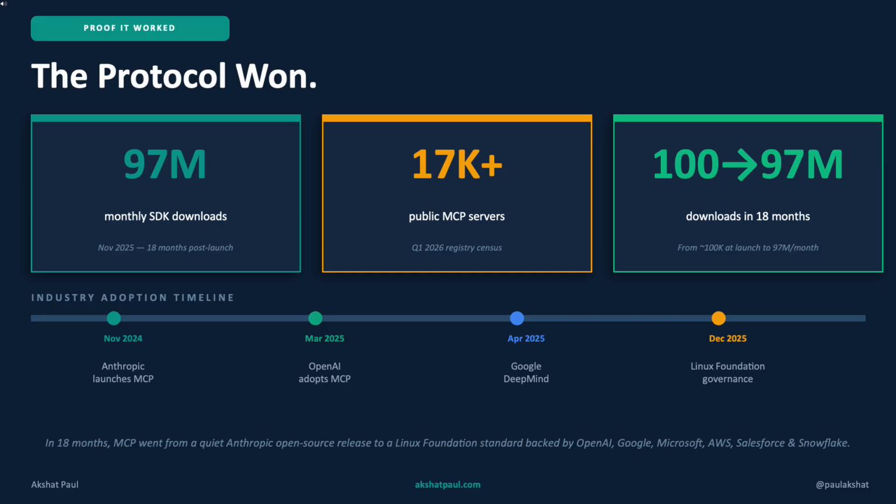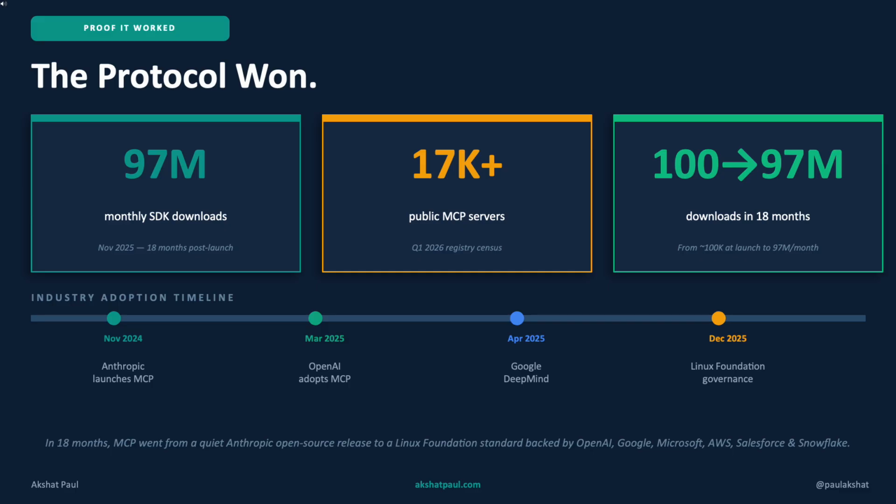Google DeepMind followed in April. Microsoft Copilot Studio added support. AWS integrated it in July. Fast forward to November 2025, 97 million monthly SDK downloads. That's not hobbyist traffic, that's production adoption. By December 2025, Anthropic donated MCP to the Linux Foundation.